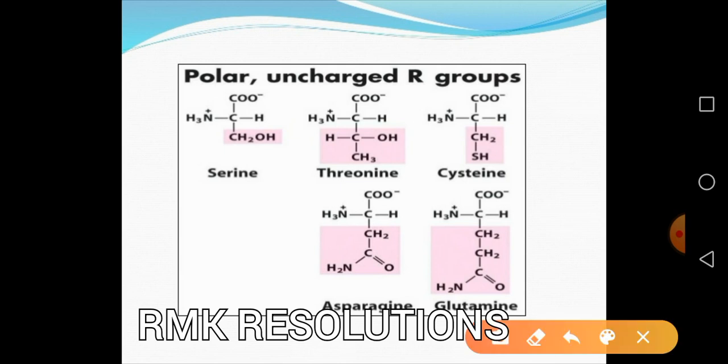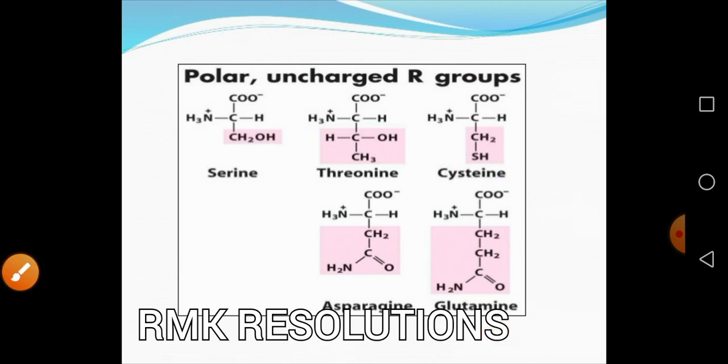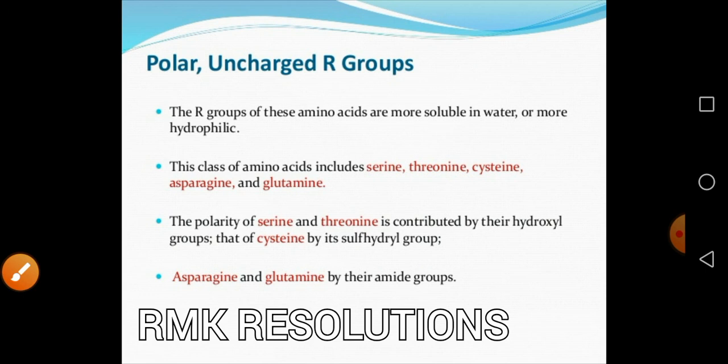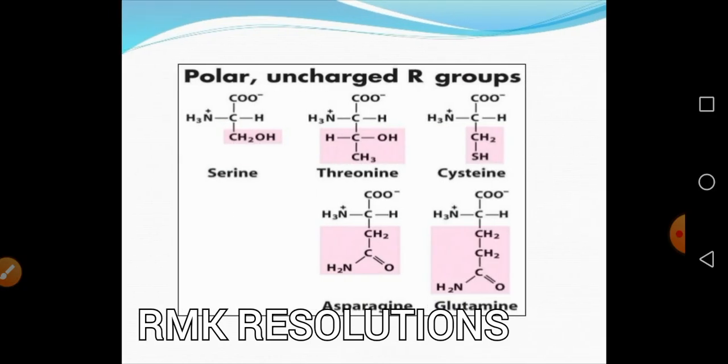Cysteine has a sulfhydryl group and that group provides polarity for the amino acid. Asparagine and glutamine have an amide group. This particular amide group also contributes to the polarity of the amino acids.